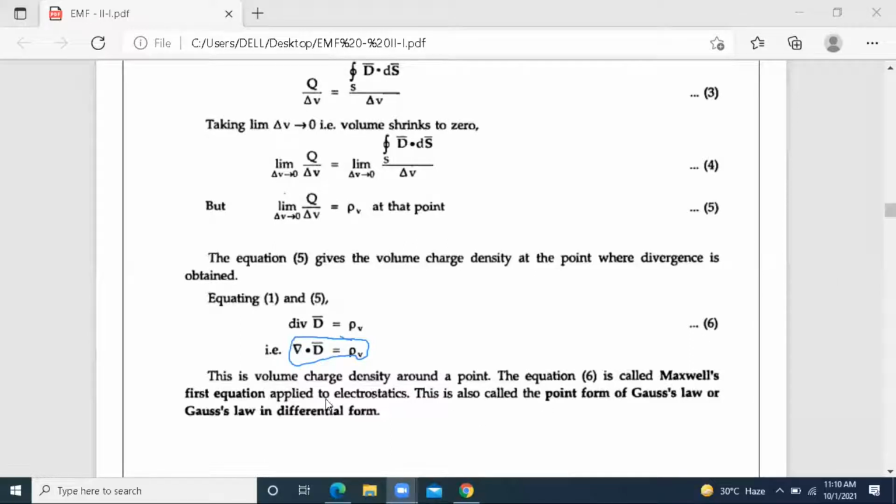This is volume charge density around a point. Equation 6 is called Maxwell's first equation applied to electrostatics.